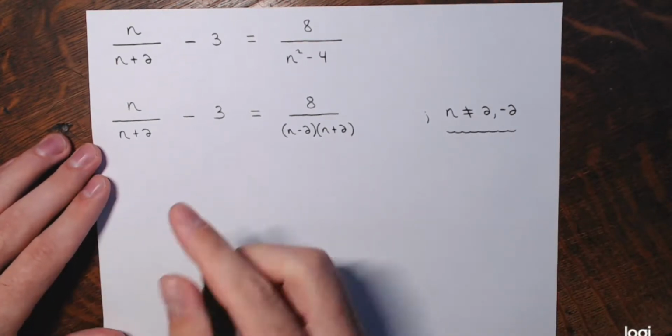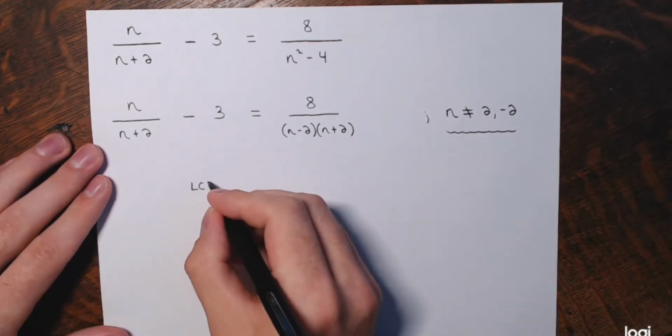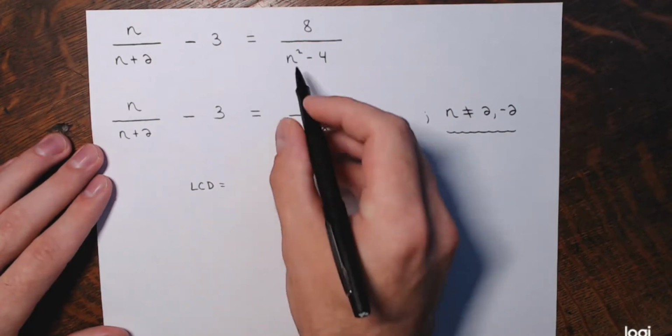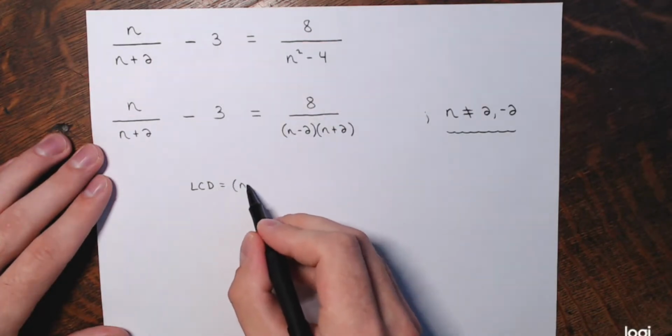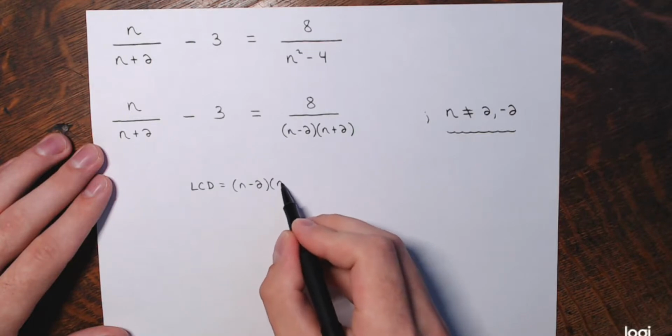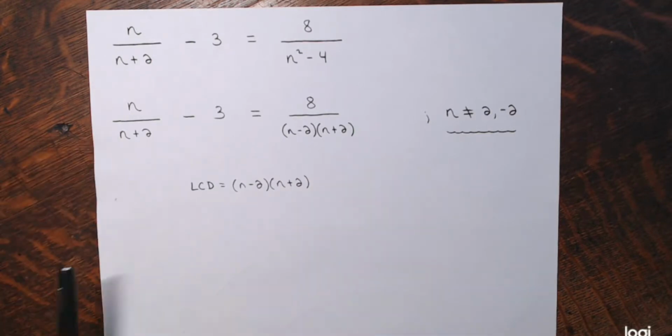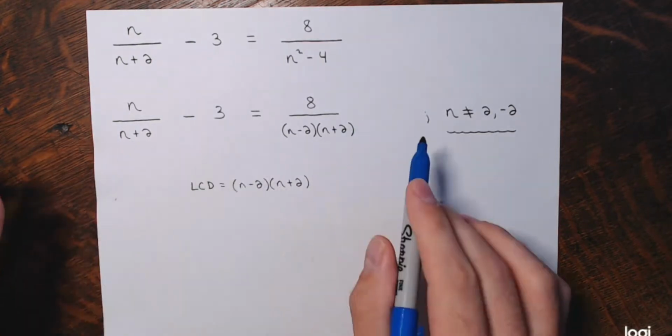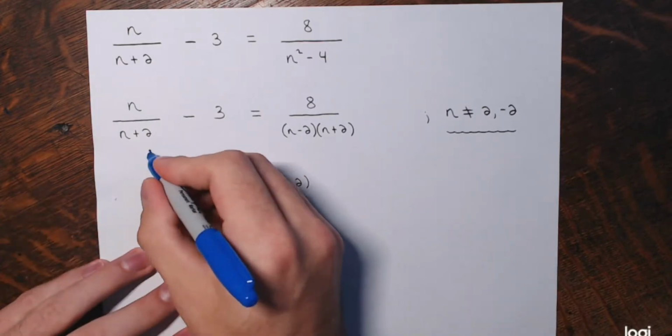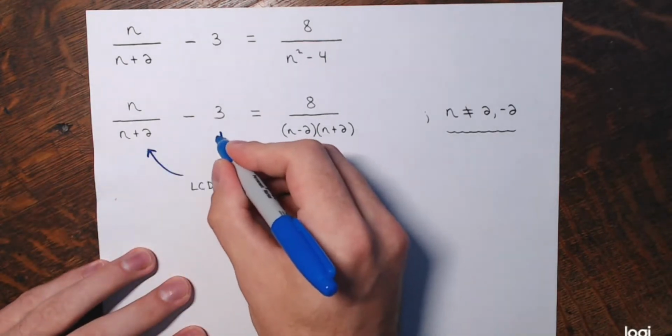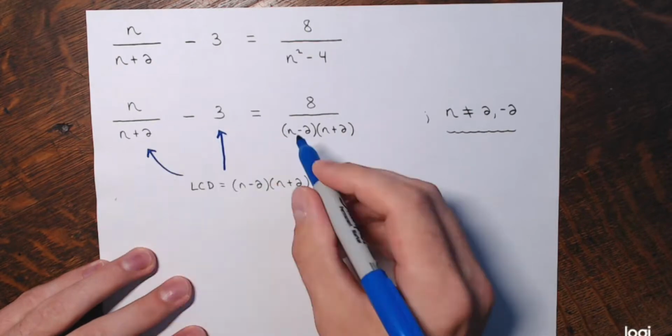Now the LCD, again, I'm hoping is obvious, is just n squared minus 4, or n minus 2 times n plus 2. And I'm multiplying everything on both sides, every term. This fraction, this 3, both terms over there, and then this fraction over here.